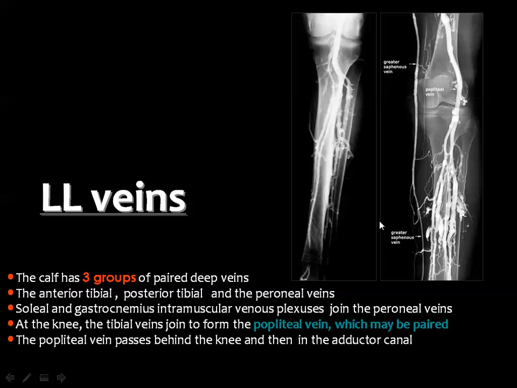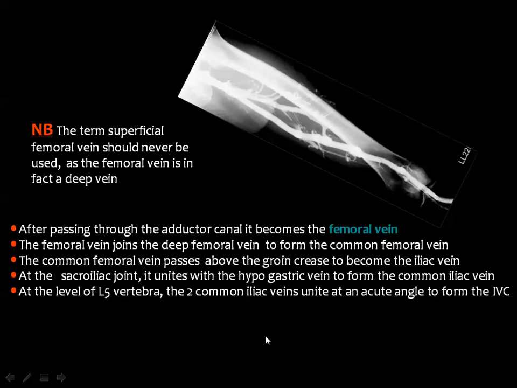Each artery has two veins running along each side, and then we have three groups of paired veins corresponding to the anterior tibial, posterior tibial, and the peroneal arteries. All these veins have valves that prevent the blood from going back in the opposite direction.